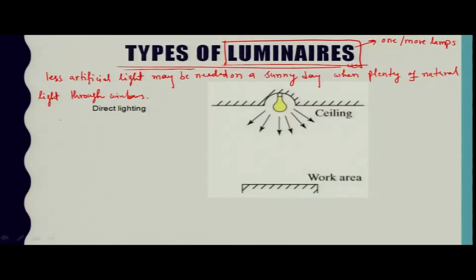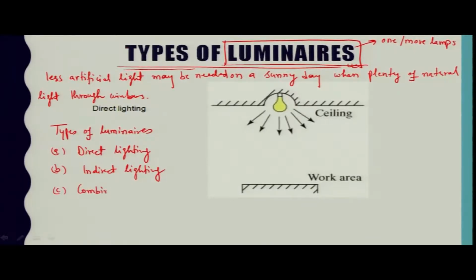As far as the types of luminaires are concerned, they may be direct lighting, indirect lighting, or a combination of direct and indirect lighting.